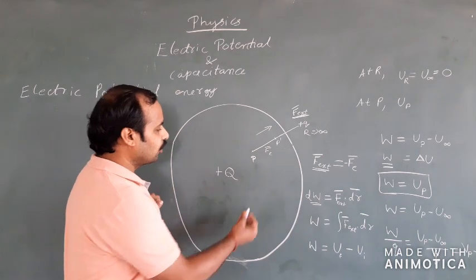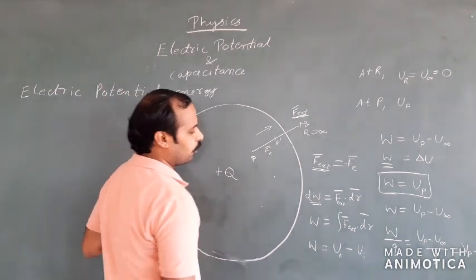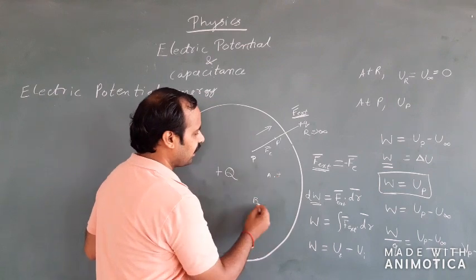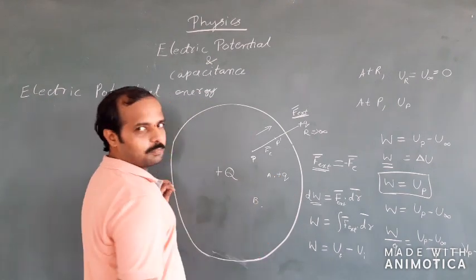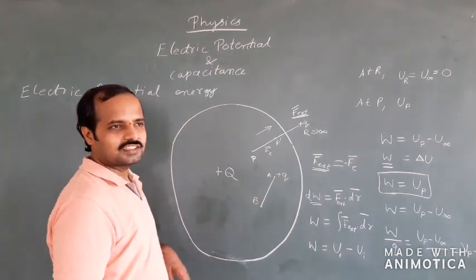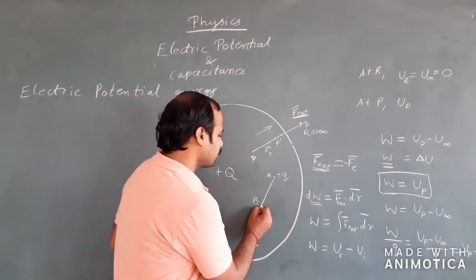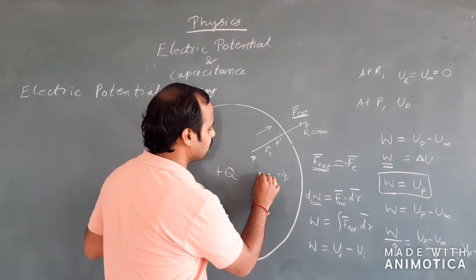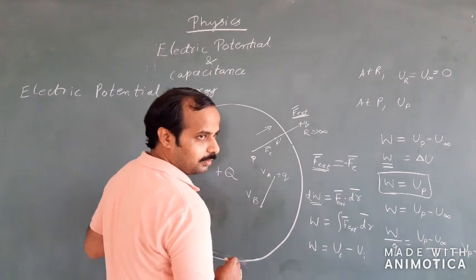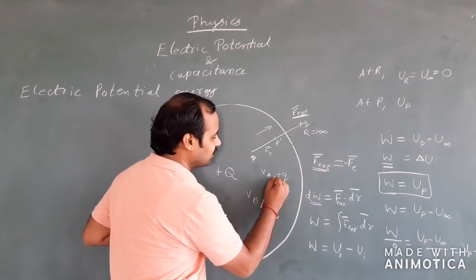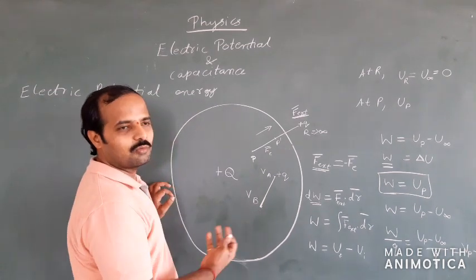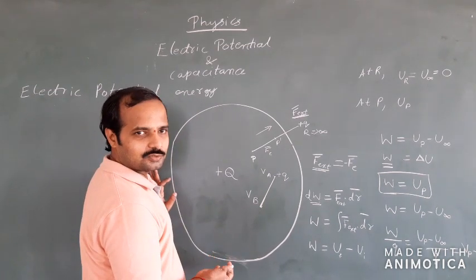If I want to move a point charge plus Q from point A to point B, it's very simple. I can find the potential VA at point A and VB at point B. Then I can simply say that the difference in the potential is the work done per unit test charge once again.